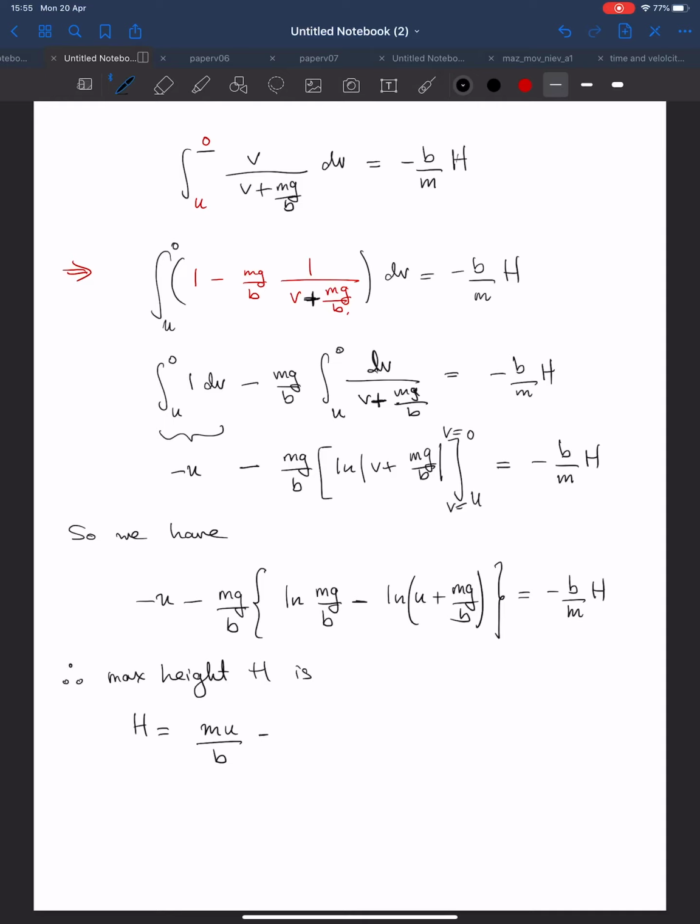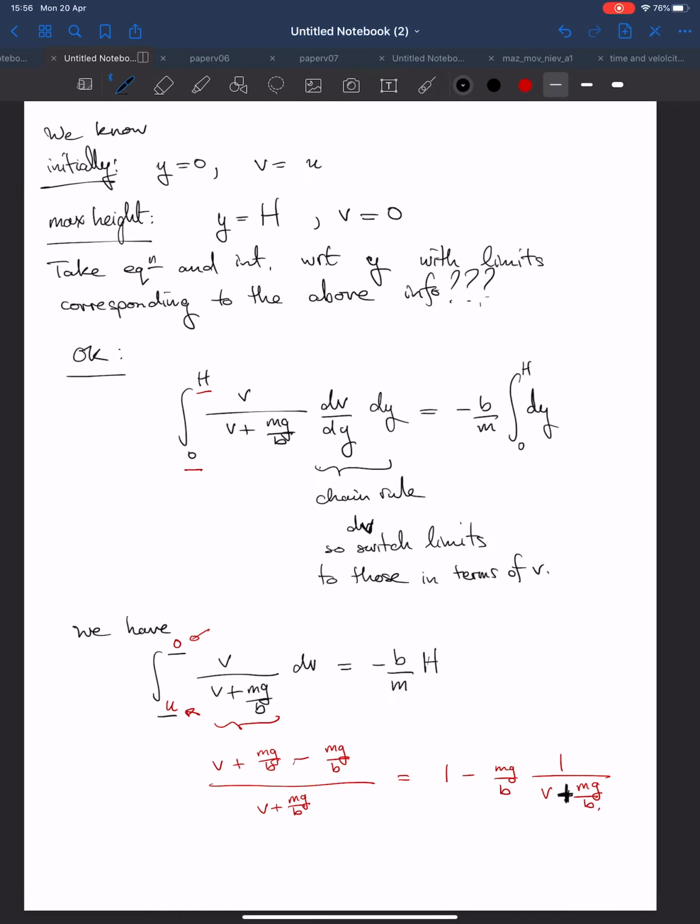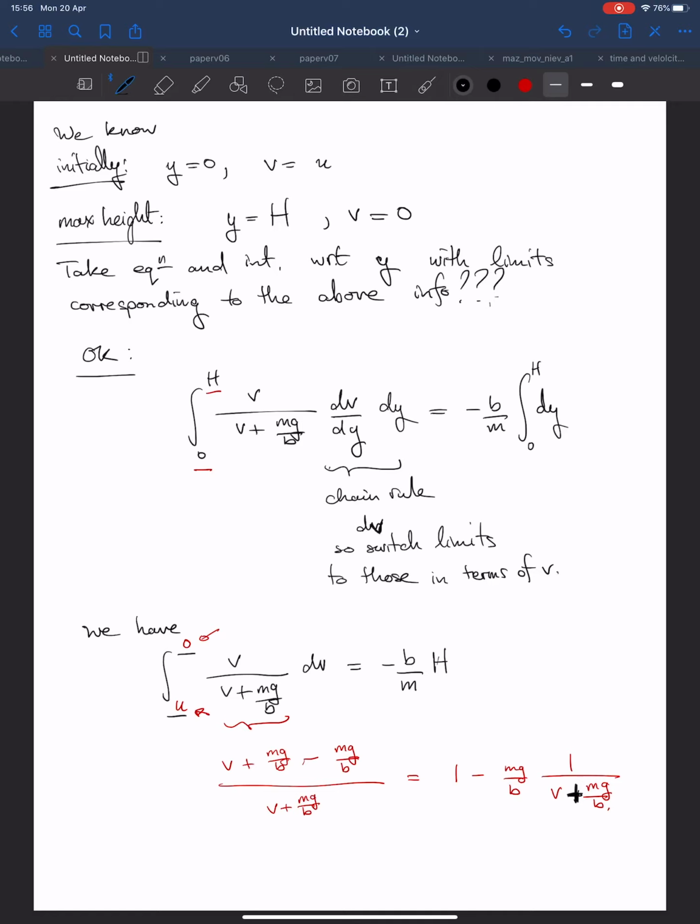So now this becomes plus m squared g over b squared logarithm of this. And well, that should be it, really. So let me just double check. This seems to be okay.